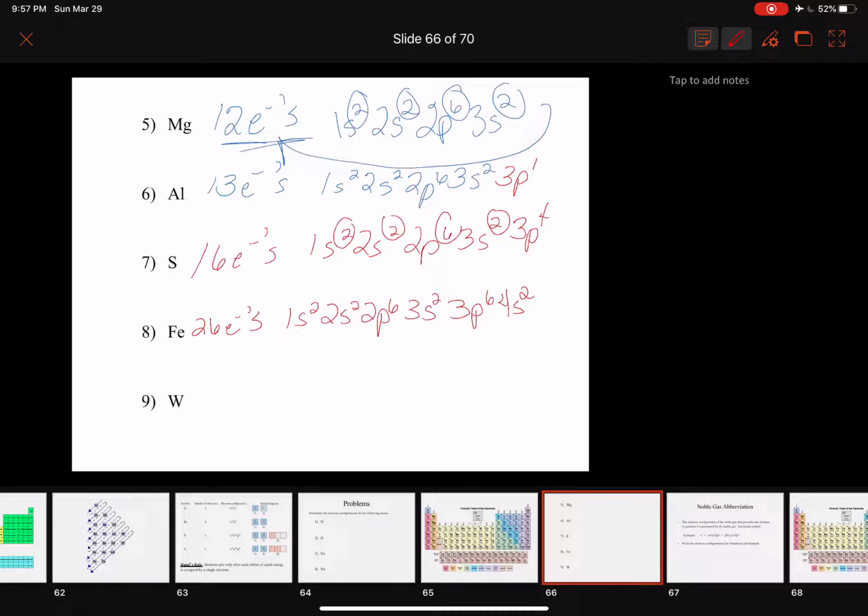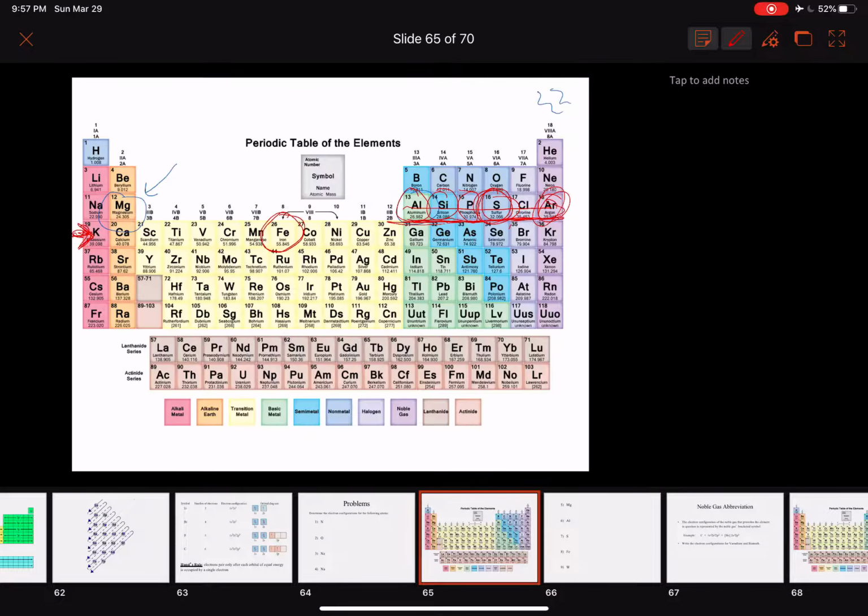Now, after 4s2, the next 10 electrons are going to go back into the third shell. Okay, so the 2 electrons in the 4s, they popped out and they put themselves in the 4th shell. The next 10 will go back into the 3rd shell, into the 3Ds, which have some crazy shapes.